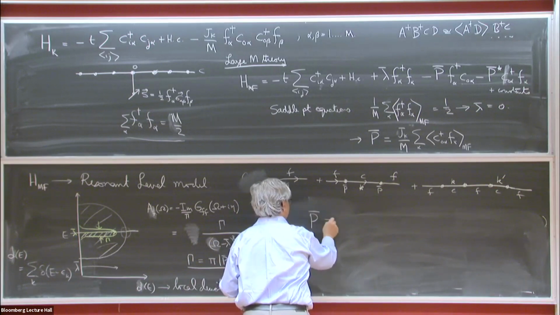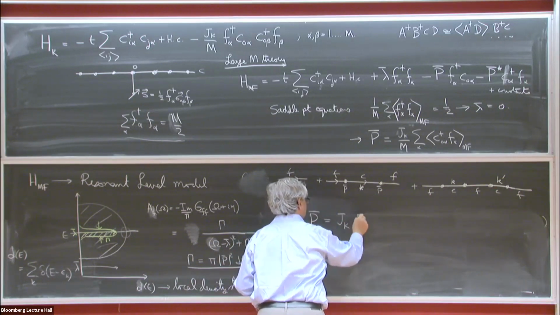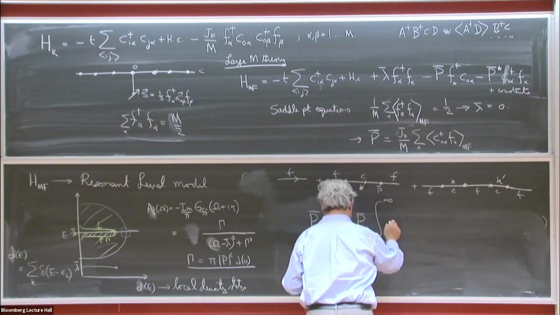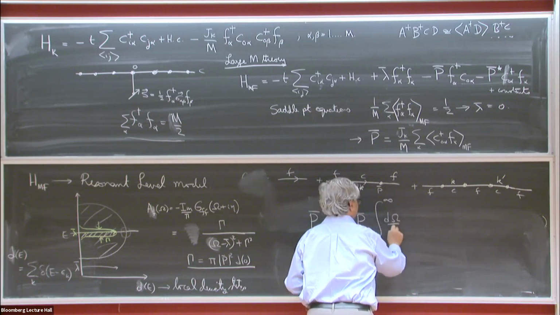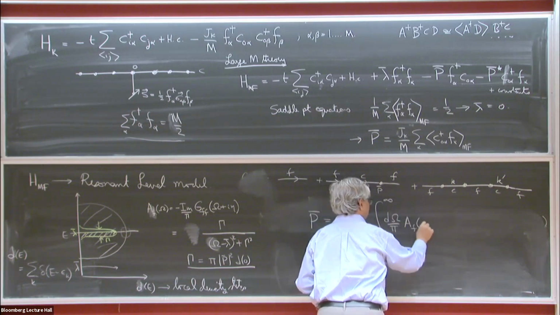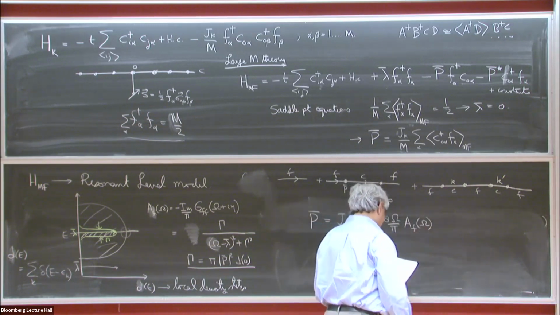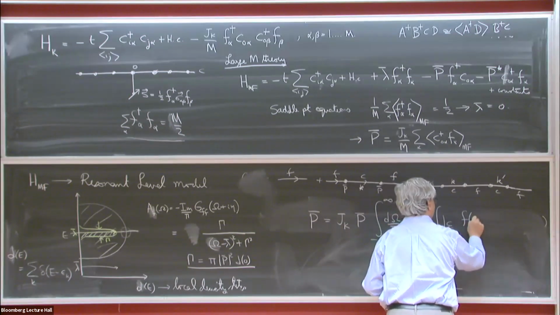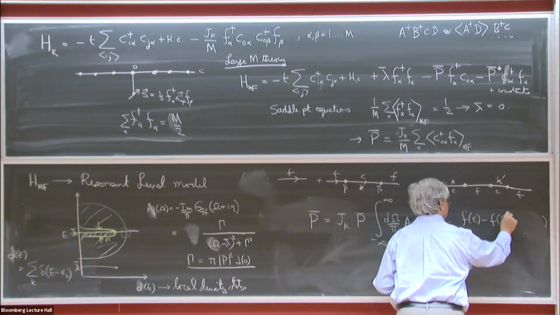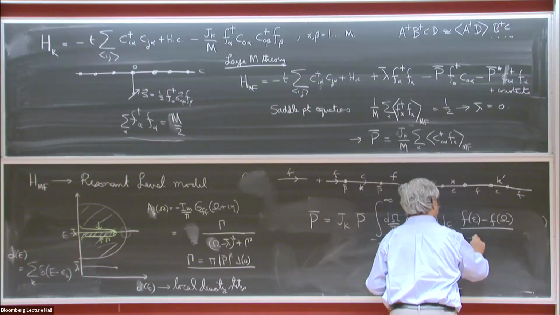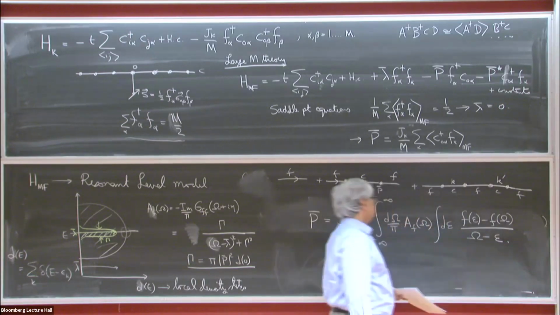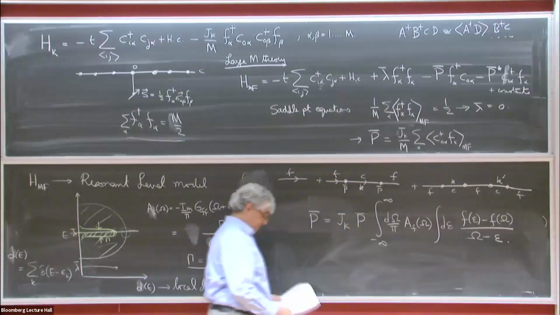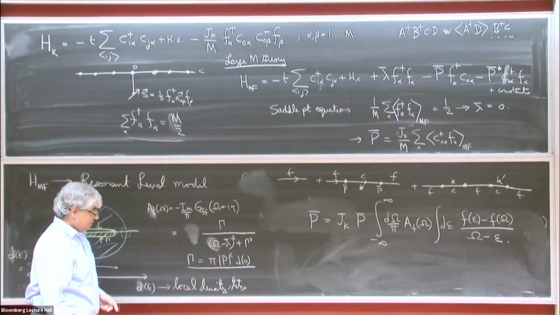It gives you P bar is JK times P bar, integral from minus infinity to infinity d omega over pi, A_F of omega, the spectral density at the F level, and then you get this in here, f of E, omega, these are the Fermi functions, or omega minus E. So that's what this equation becomes when you try to solve it.